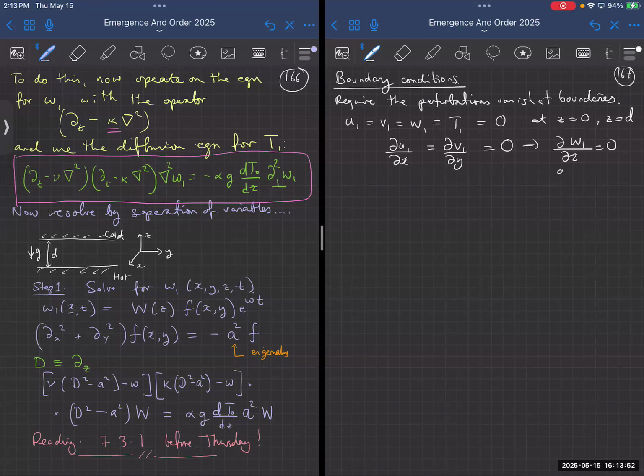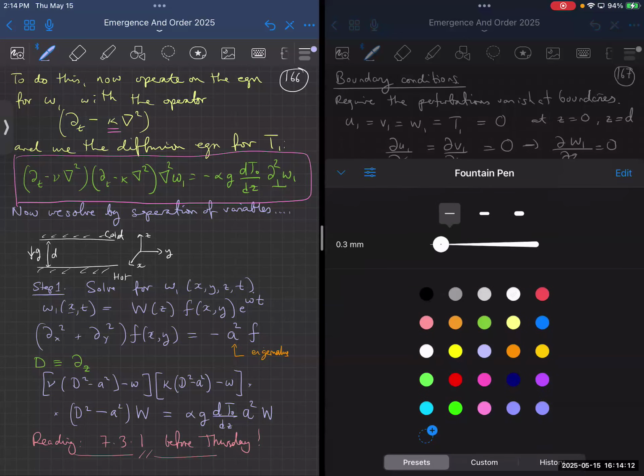And that's going to be true at z equals 0 and z equals d, and where all this comes from is because I've got div u1 equal to 0. So that's the boundary conditions for the velocity.